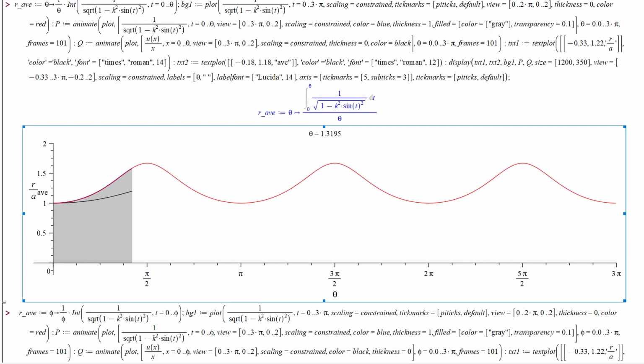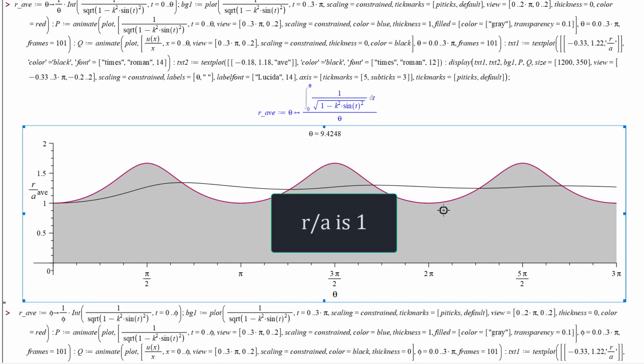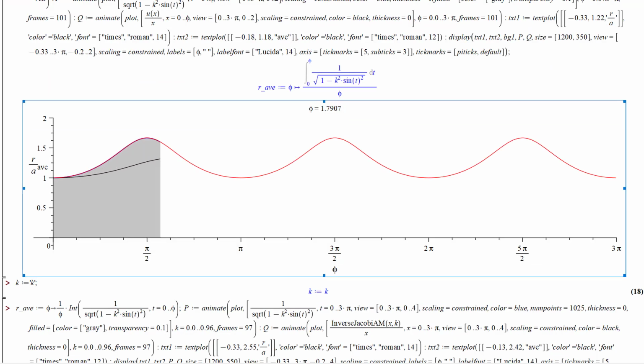To have a dimensionless quantity, you do r divided by a, so you're computing r in units of its minor axis. So it's always got a minimum of 1 when your theta's at 0, pi, 2 pi, etc. As you cross the x-axis, that's when r is 1. But otherwise, r is bigger than 1. And this is the exact same thing, except before I had it as theta, and now I just changed it to phi, because phi and theta are identical.